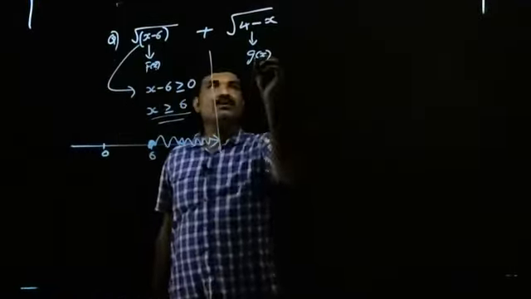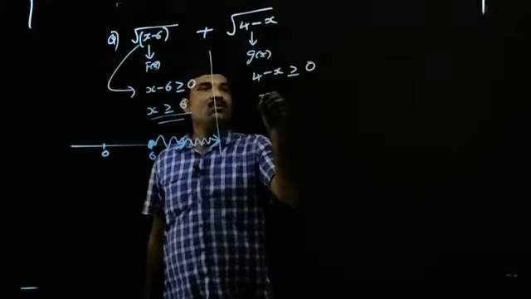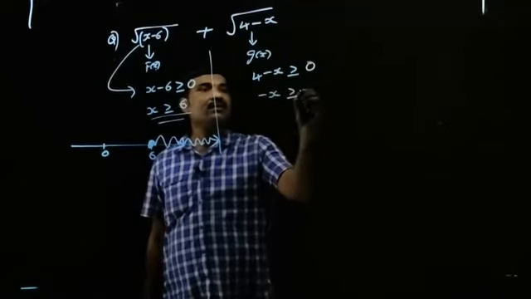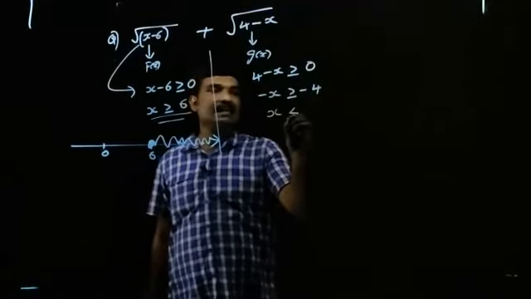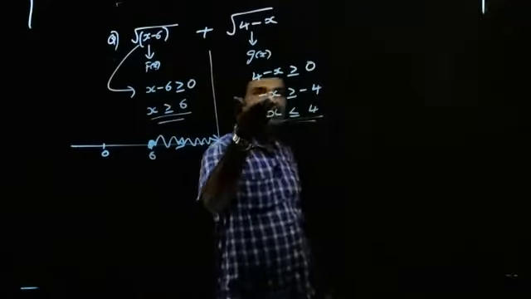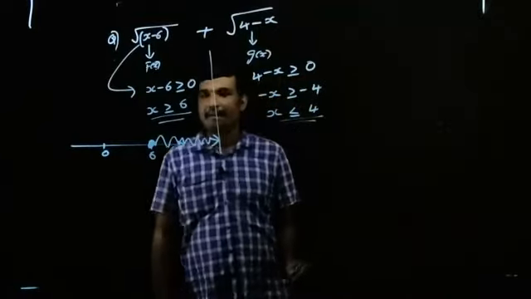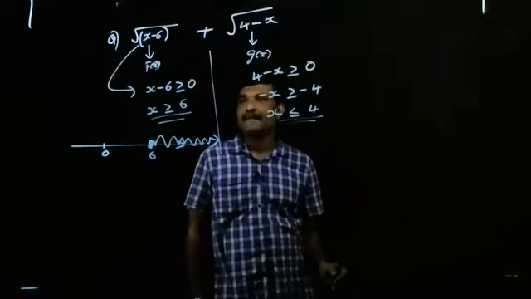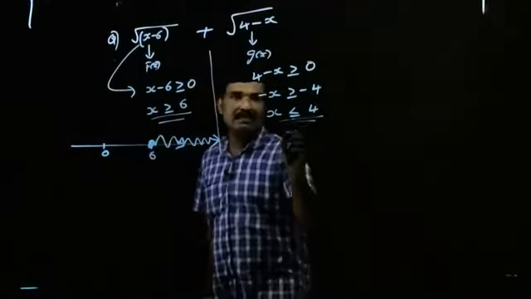In the case of g of x, 4 minus x is greater than or equal to 0, or minus x is greater than or equal to minus 4, or x is less than or equal to 4. When changing the sign of the inequality, we multiply both sides by minus 1. So x should be less than or equal to 4.